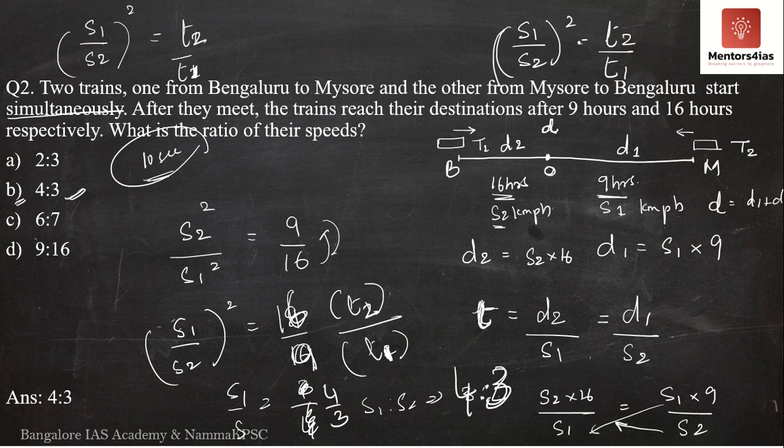S1 by S2 whole square is equal to T2 by T1. This was due to the silly mistake I made earlier. Please remember this. Therefore, it is actually 16 by 9, or nothing but 4 is to 3.